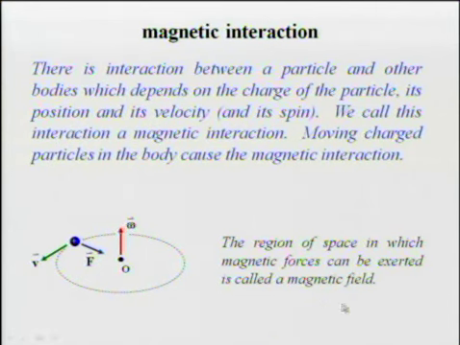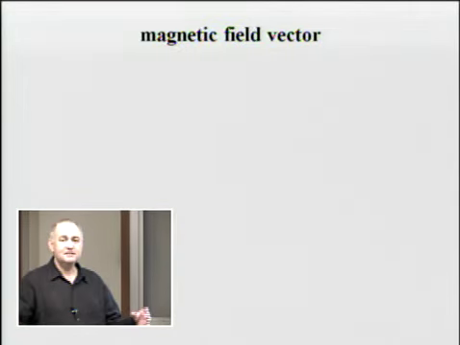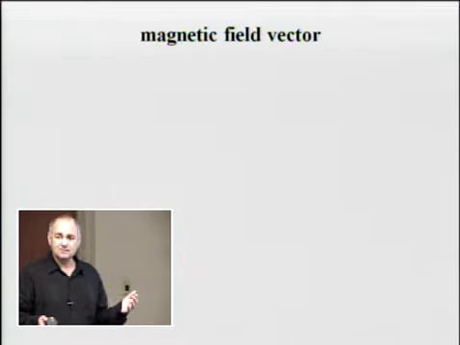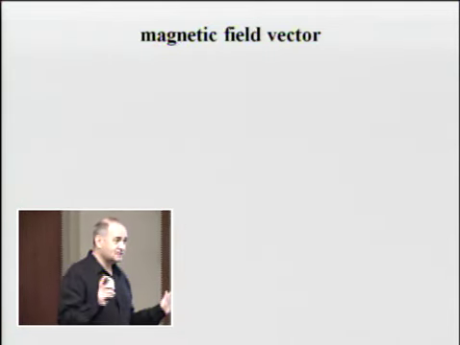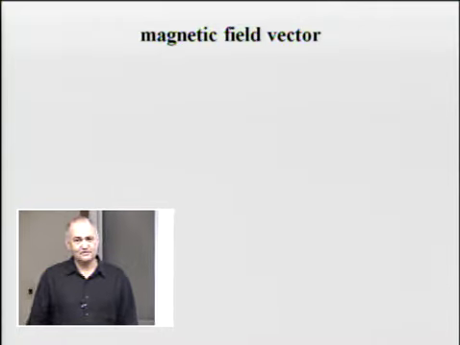Magnetic field is described, so at each point we have a certain physical quantity. It's a vector quantity which describes the property of the magnetic field at that location, and that quantity, according to the book, is called magnetic field. I want to call it magnetic field vector, at least for a while, until we really become so comfortable that we can skip the word vector.